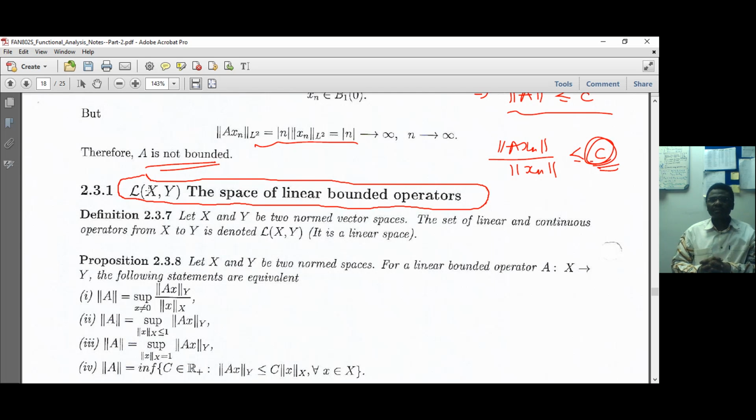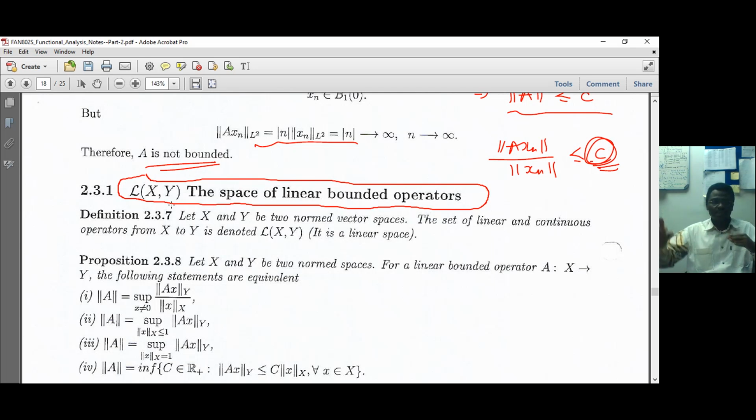You can prove it. And if you multiply a bounded linear operator by a scalar, it's still a bounded linear operator. That is stability. By these two operations, stability by sum and by scalar multiplication, we prove that the set of bounded linear operators is a vector space.